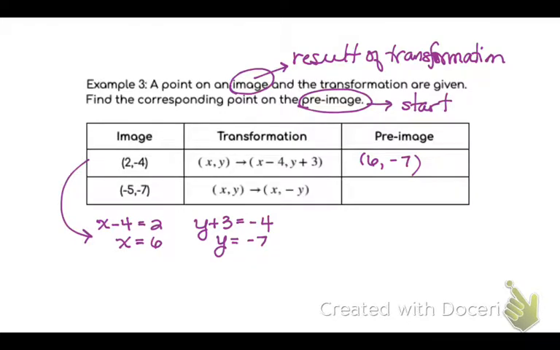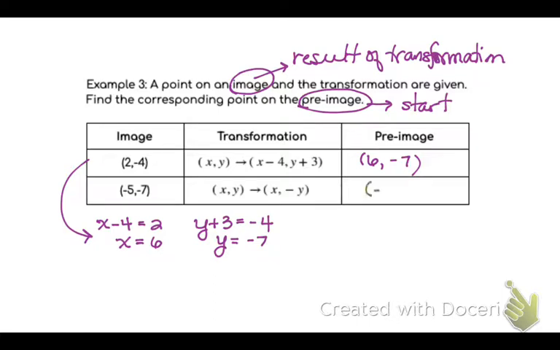And then for the second example, we can do the same thing. We're ending at the point (-5, -7). The transformation that occurred, (x, y) is the original point, the arrow means the transformation occurred, and then we flipped the negative y. This is actually some notation for a reflection. The x value doesn't change.